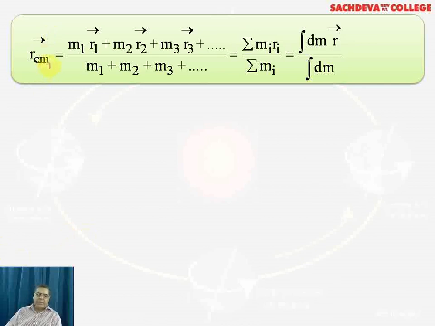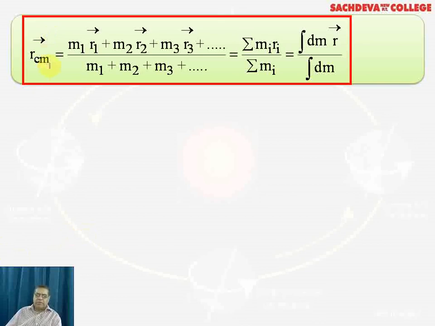Therefore, the position vector of the center of mass is given as m1r1 + m2r2 + m3r3 + and so on, divided by m1 + m2 + m3. This can be written as summation of miri divided by summation of mi, and in integral form, that is the integration of r dm divided by the integration of dm.